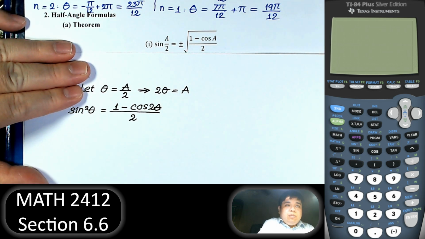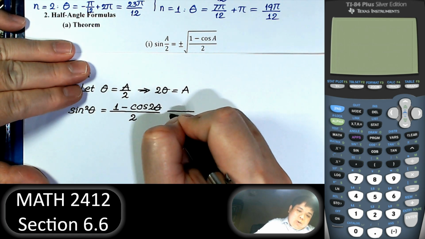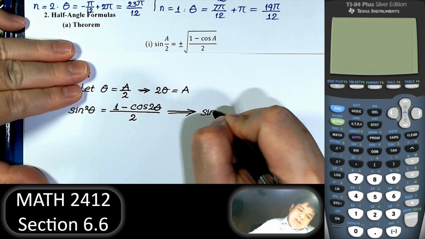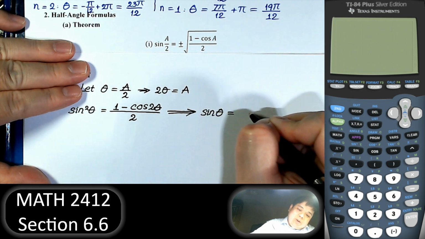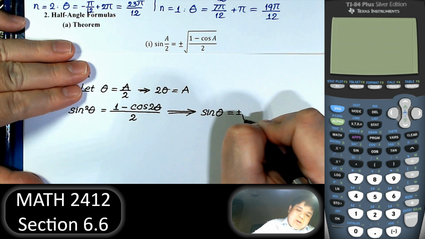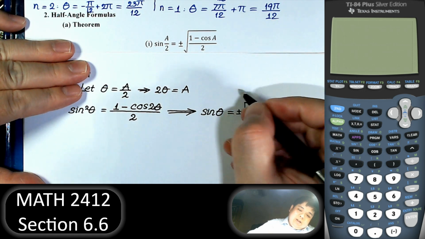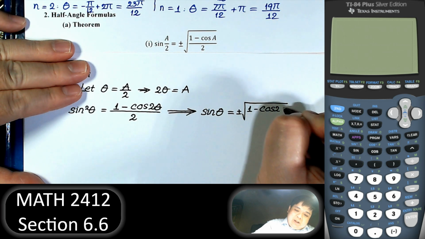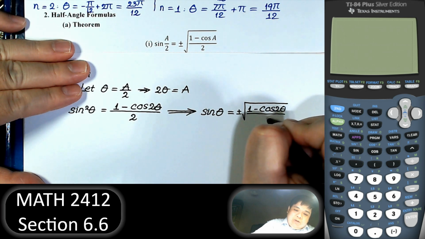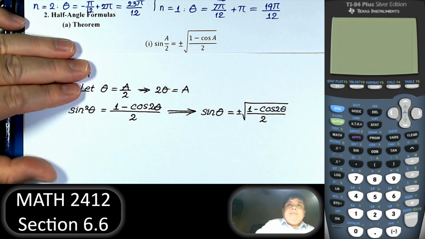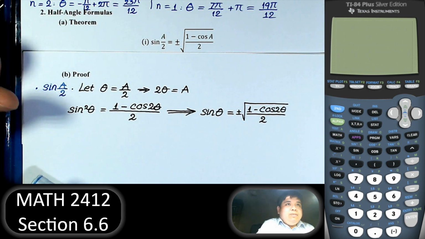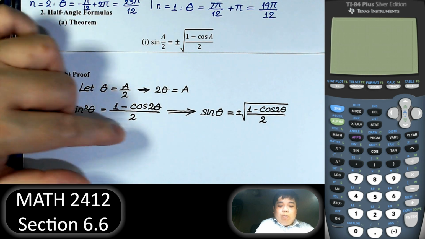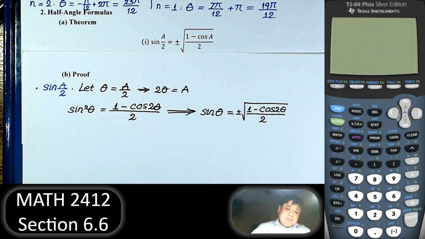Of course, if we take the square root on both sides, sine of theta equal to plus or minus the square root of 1 minus cosine of 2 theta over 2. Just power reducing. And now take the square root on both sides, we have plus or minus.